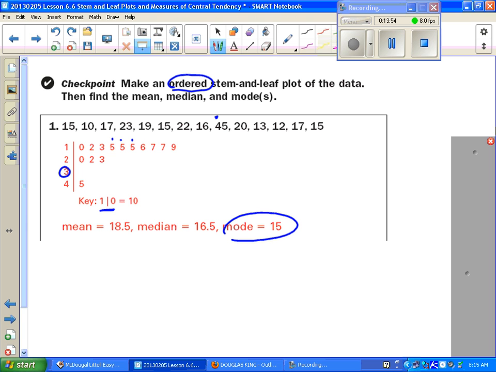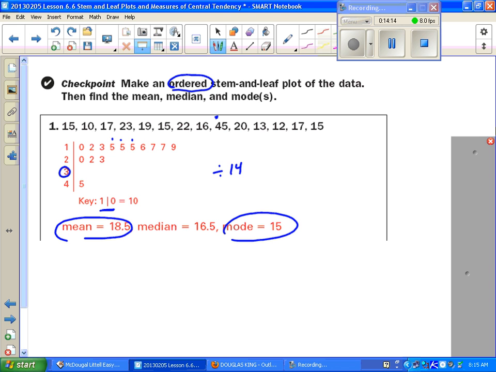Your mean means your average. That means to add them all up and divide by however many numbers you have. You have 1, 2, 3, 4, 5, 6, 7, 8, 9, 10, 11, 12, 13, 14. When you add all of those numbers up, you want to divide by 14, and you'll get the number 18.5.